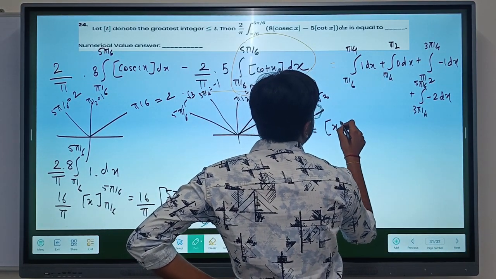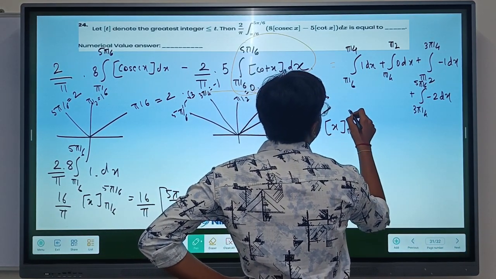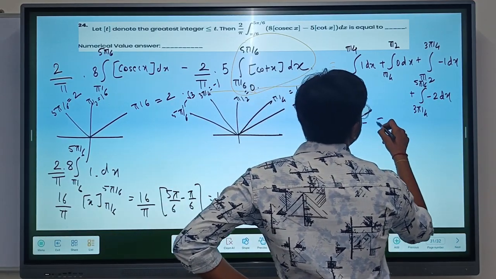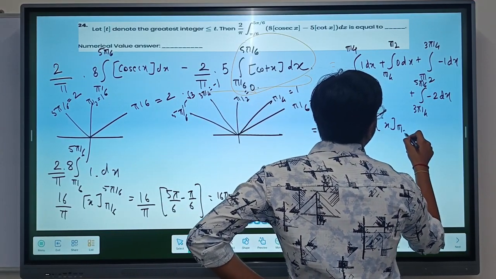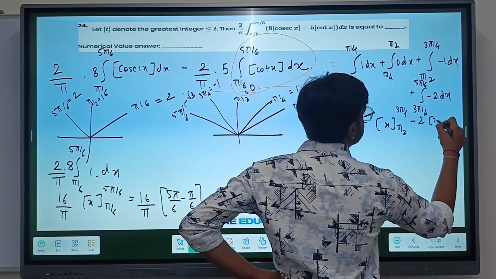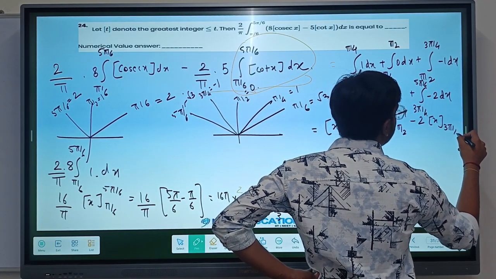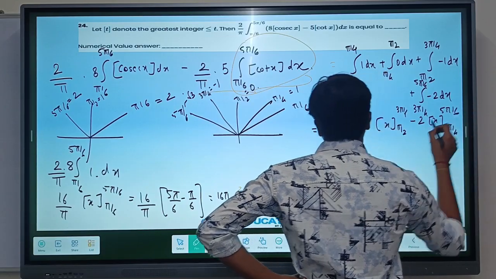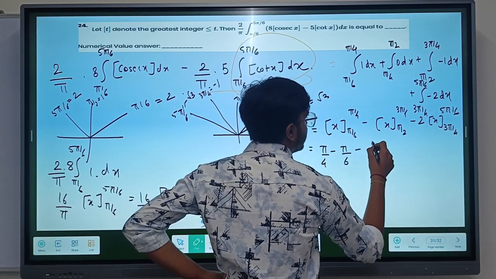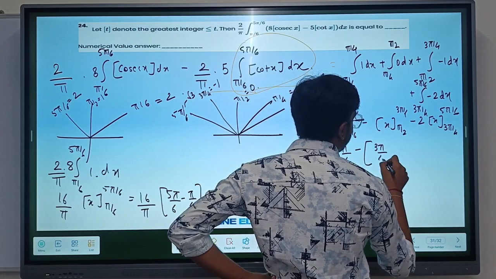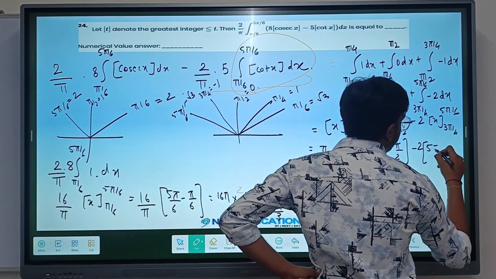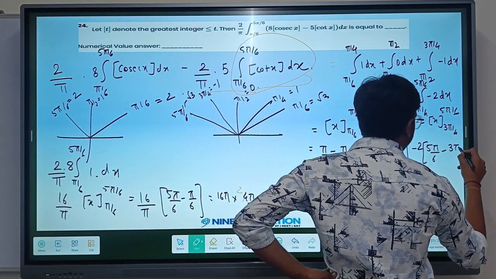So x from pi by 6 to pi by 4, plus this is 0 anyways, minus x from pi by 2 to 3 pi by 4, minus 2 times x from 3 pi by 4 to 5 pi by 6. So we'll get pi by 4 minus pi by 6, minus of 3 pi by 4 minus pi by 2, minus 2 times 5 pi by 6 minus 3 pi by 4.